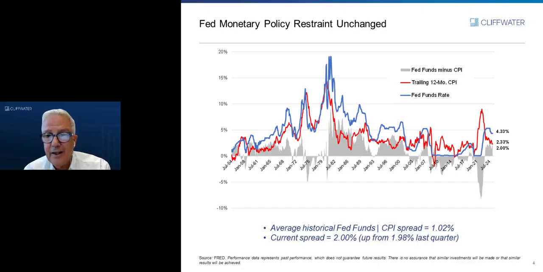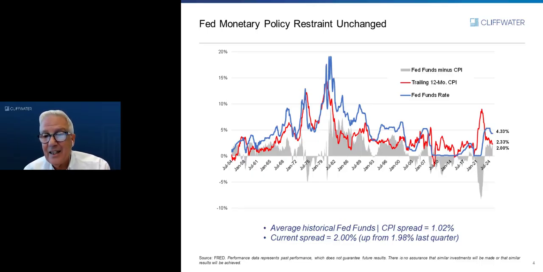The Fed funds rate in blue got off the zero mark, and it's been hovering at 4 to 5% over the past couple of years. We match that against the 12-month trailing inflation rate, and over the last couple of years we've had a positive spread, meaning there's a real return to cash investments.